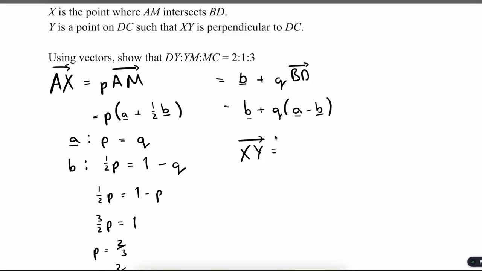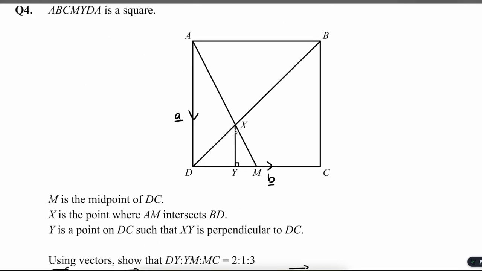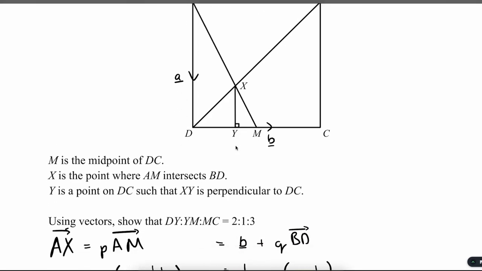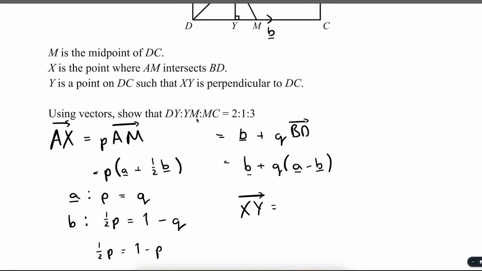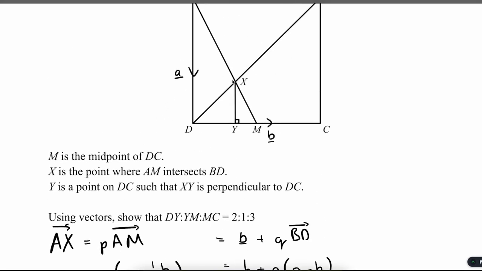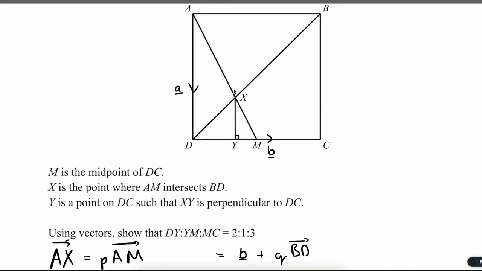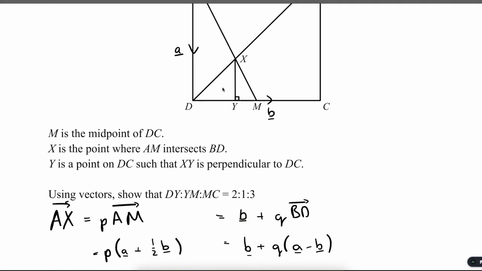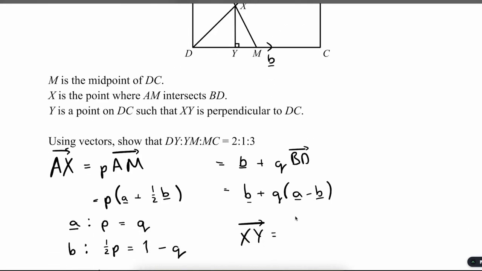XY is, if we go up here, XA, and then down, and then across, so we go XA, which is, well, we worked out p and q, so p is 2/3, so we know that XA is 2/3 of MA.